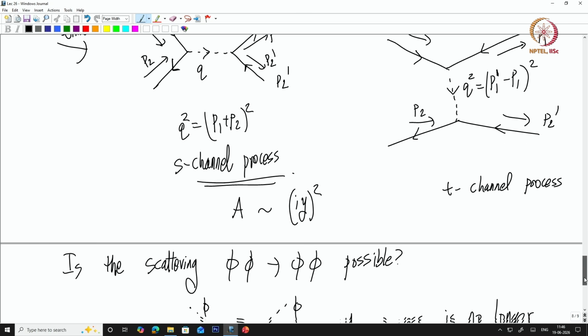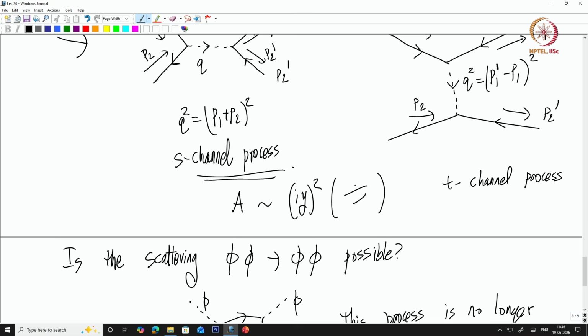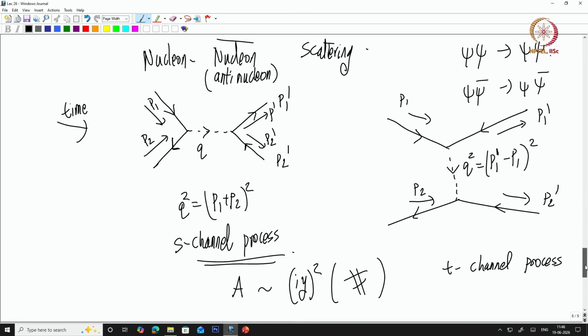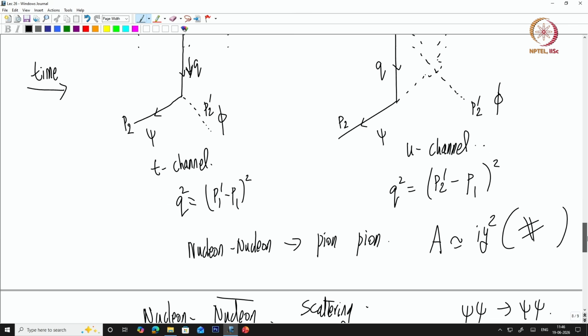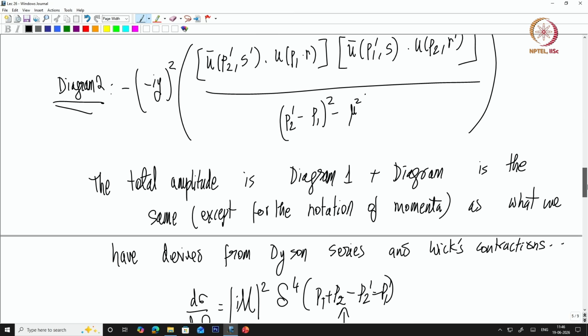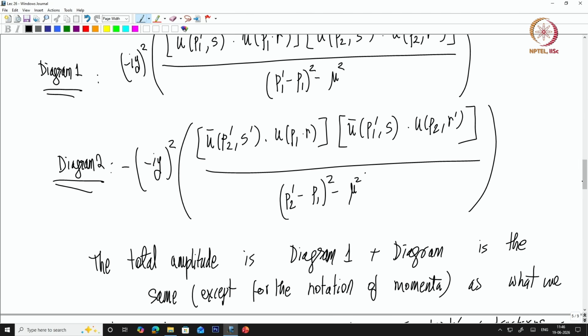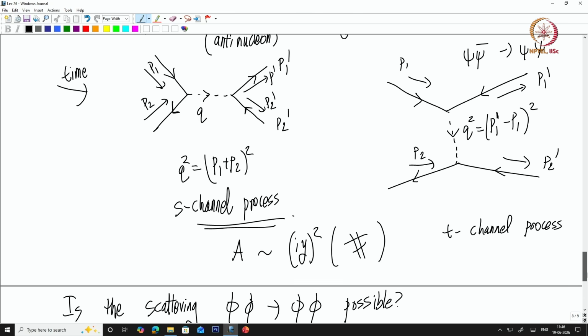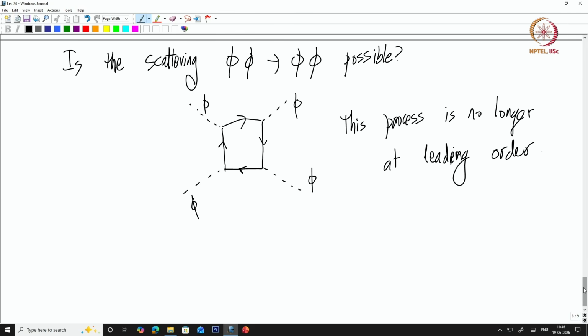Here also we have explicitly seen it goes as y squared. But here how many y's do you have? You have a y here, y here, y here, so the leading order in coupling constant is different.